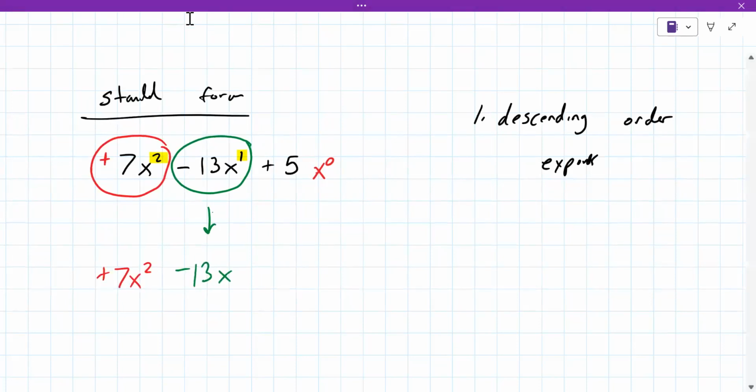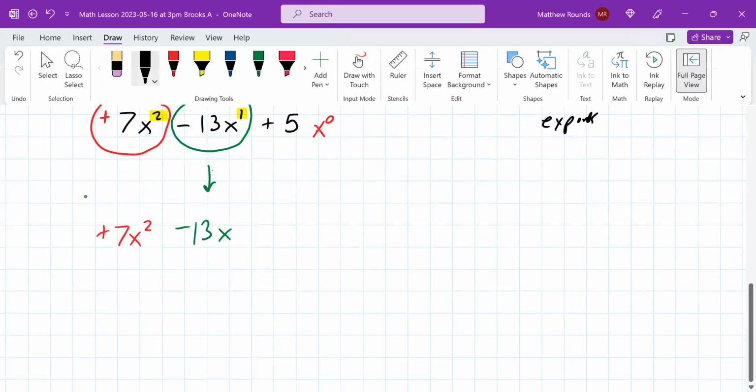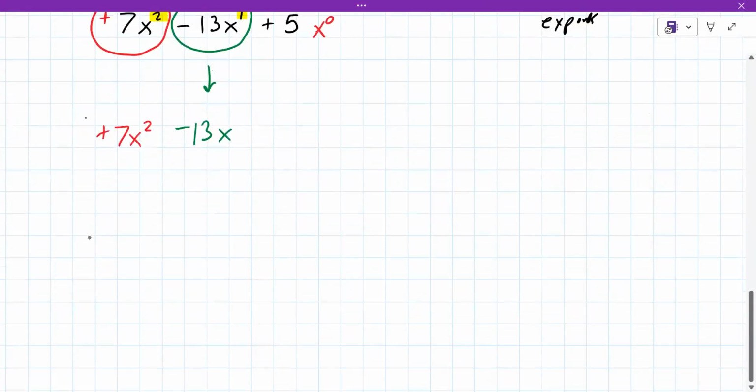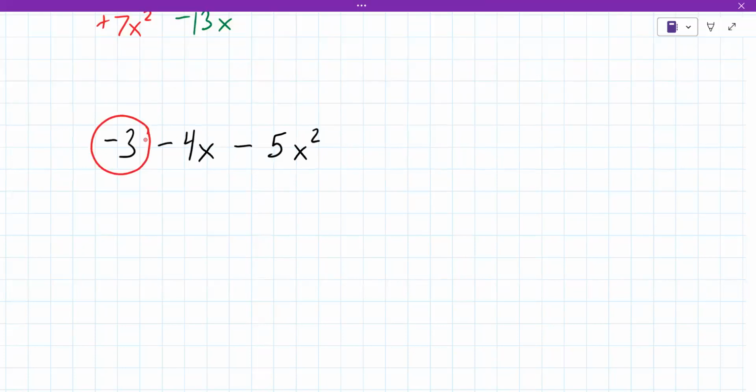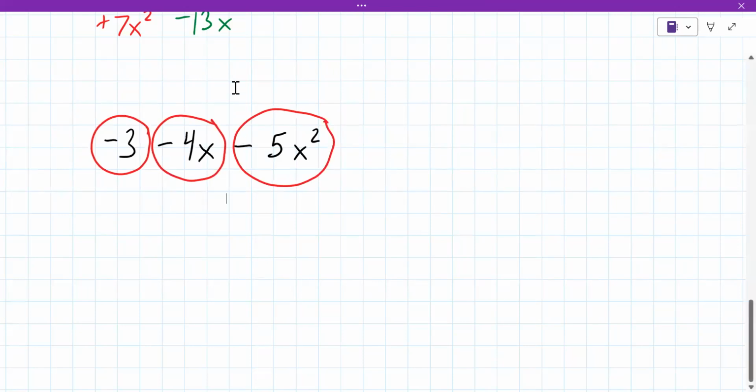And so on. So what they do is they will be disruptive, and they'll disorganize this. They'll write -3 minus 4x minus 5x squared. But here's what you have to do. You have to say, okay, it's really -3 minus 4x minus 5x squared. Okay, and you just grab them and basically regroup them.